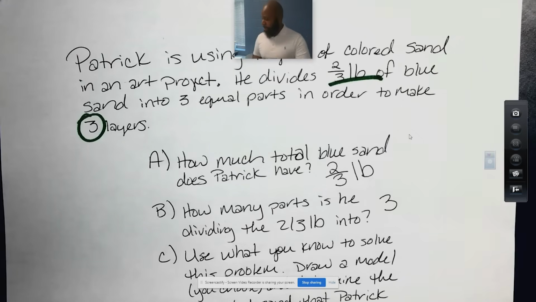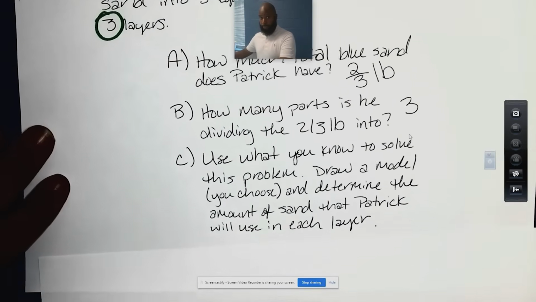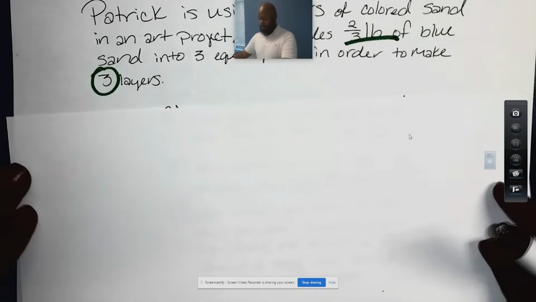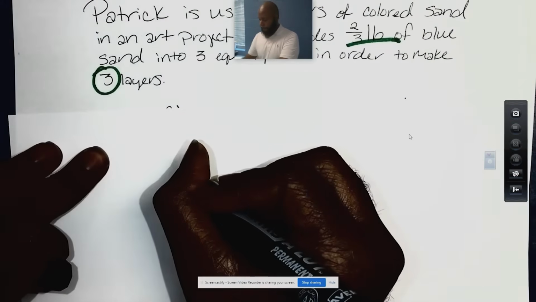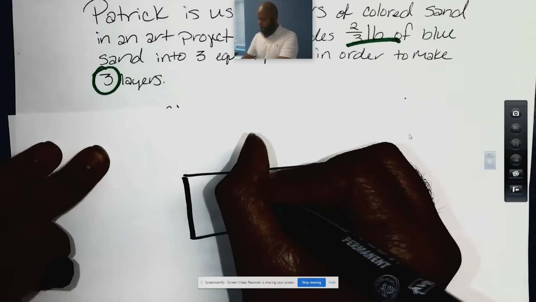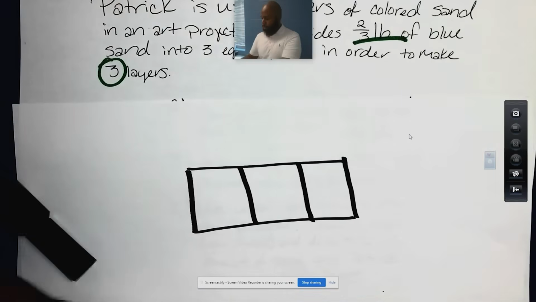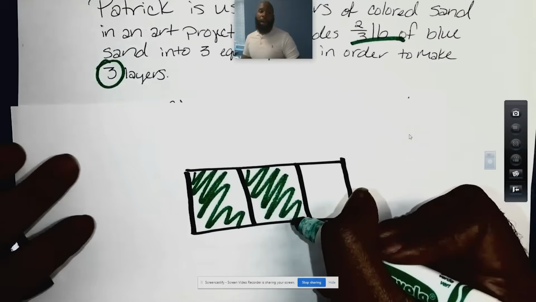All right, as you're solving, I'm going to start drawing my model. All right, here's my model.